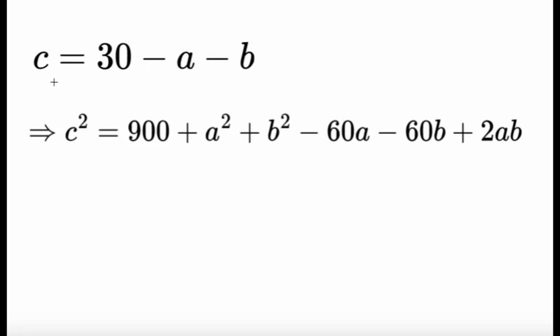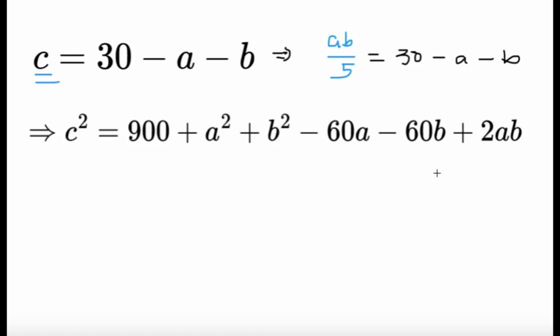Now, note that c equals 30 minus a minus b. Since c is equal to ab over 5, I can make this ab over 5. You're going to see what we can do to this in the latter part of the video.